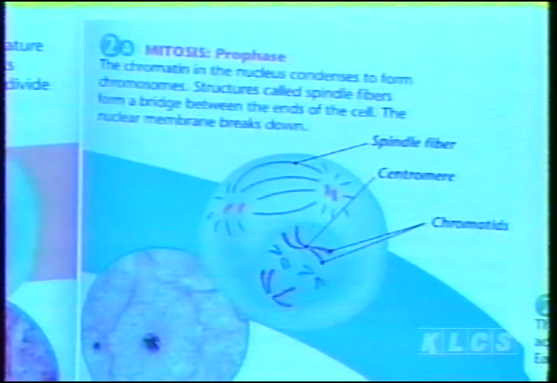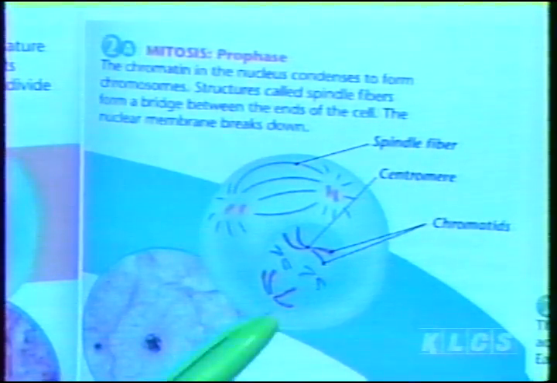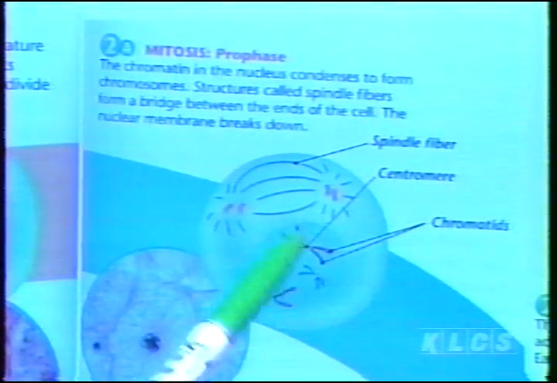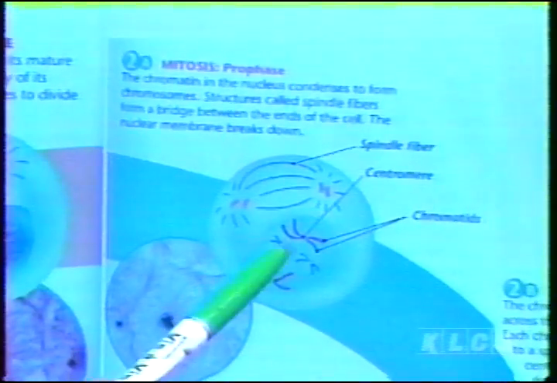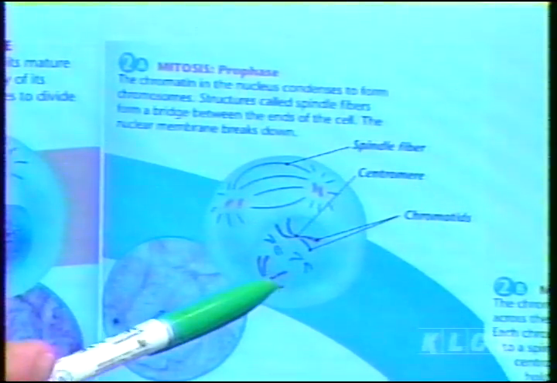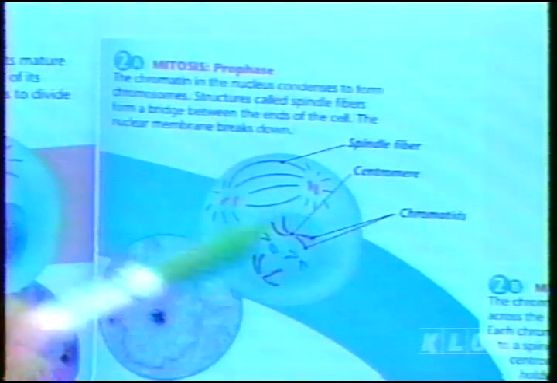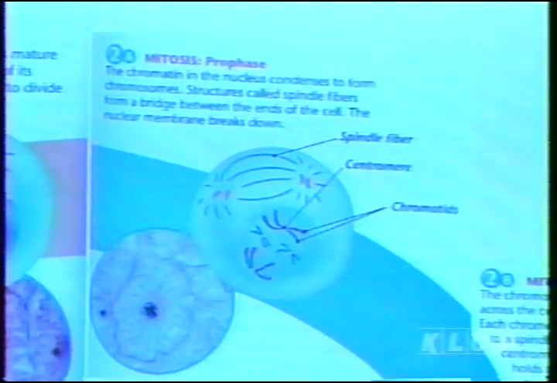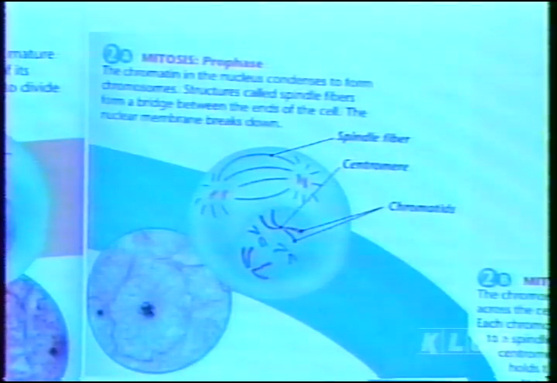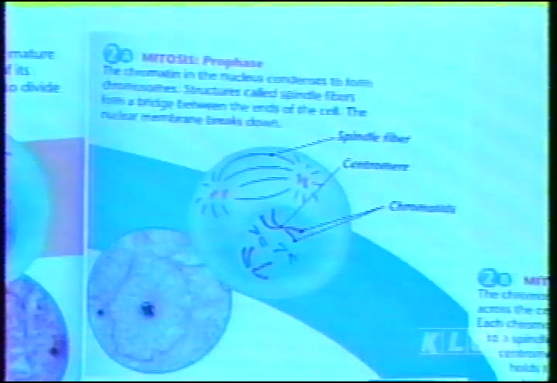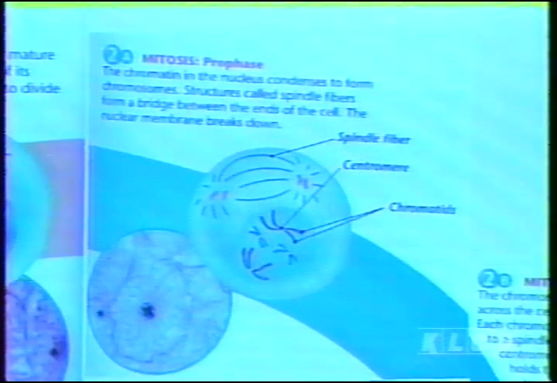The red chromosome now has a pair. It's a copy of itself. The blue chromosome has a pair, so we have a red chromosome with a copy, a blue chromosome with a copy, a red chromosome with a copy, and another blue chromosome with a copy. So we still have two pair of chromosomes, but they have copies of each other. That's very important. It's the first stage before the cell can start dividing.